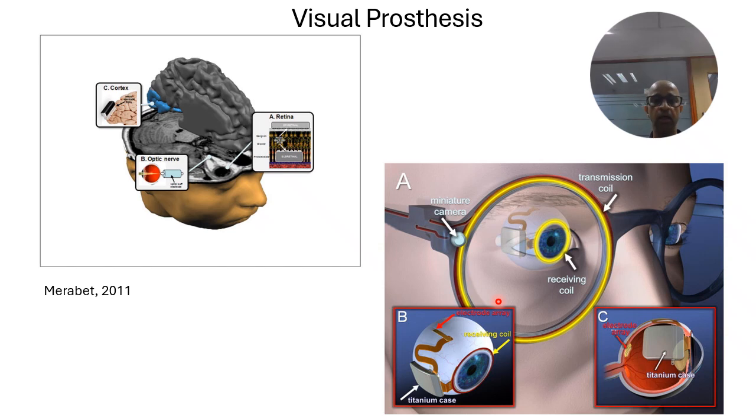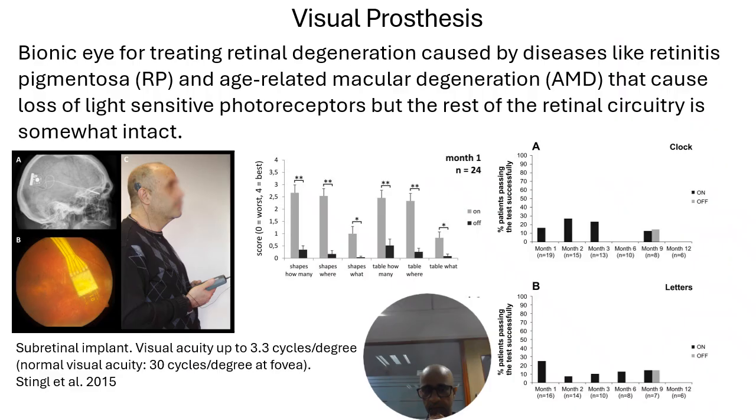So, for example, when you have diseases that lead to damage of your light sensitive cells, your rods and cones, but keep the rest of the visual machinery intact, you can put a small chip in your eye that has multiple electrical points of contact, such that when you stimulate them independently and individually, you can create perception of vision in your retina itself, right?